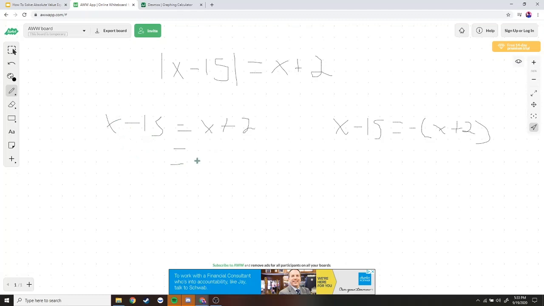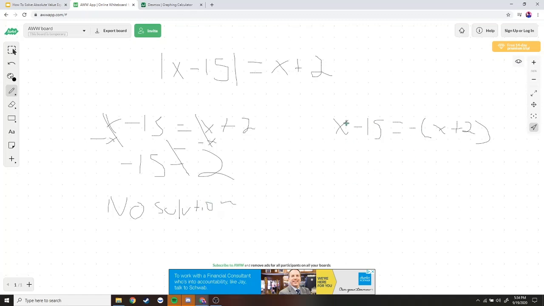If we subtract by x on both sides, you're going to see that these two x's cancel out. A positive x and a negative x, they cancel out. That means that we're left with negative 15 is equal to 2. Now, we know that negative 15 is not equal to 2. They're not the same number. That means that for this side of the example, there's no solution.